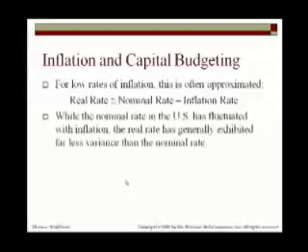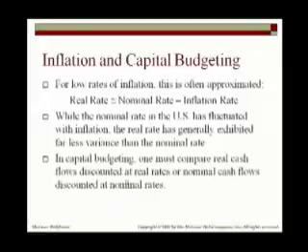Now, the nominal rate in the U.S. is fairly volatile, but the real rate, most economists agree, has been fairly stable historically, over time. And in capital budgeting, you have to compare real cash flows with real rates, or nominal cash flows with nominal rates. Now, where you'll get into trouble with your homework is where they give you a mixed bag.